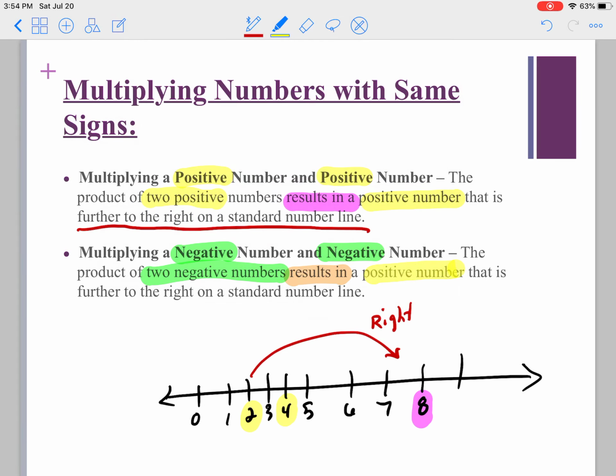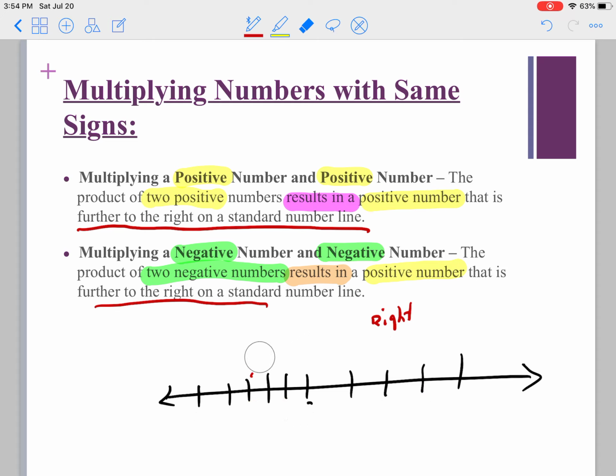Remember, same sign is always a positive number with multiplication, and it will also be further to the right on the standard number line. If I were to give you an example, let's quickly do that. If we have 0, -1, -2, -3, -4, and 1, 2, 3, 4, 5, 6, 7.